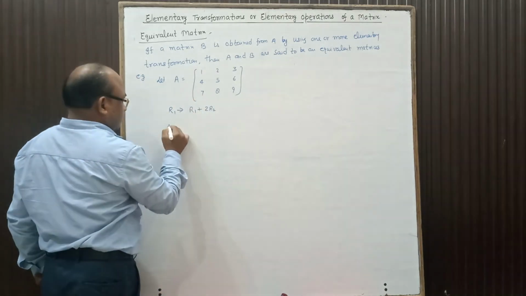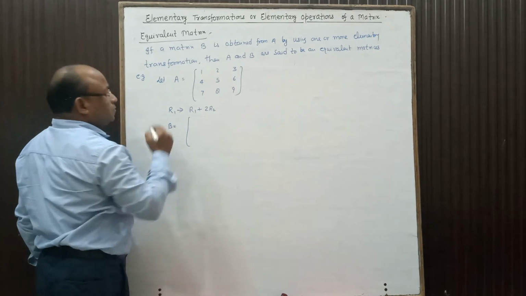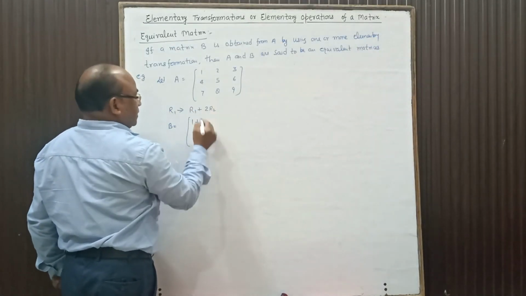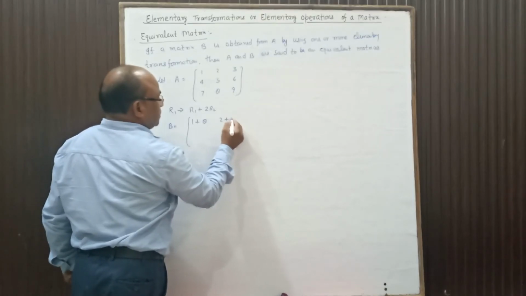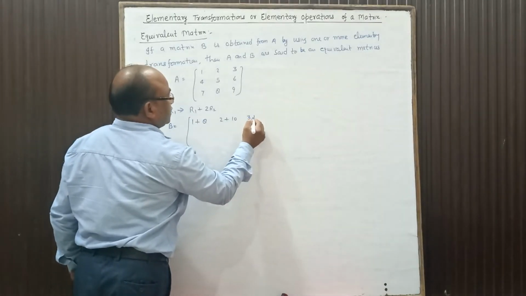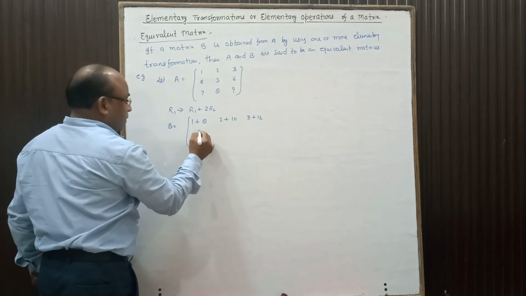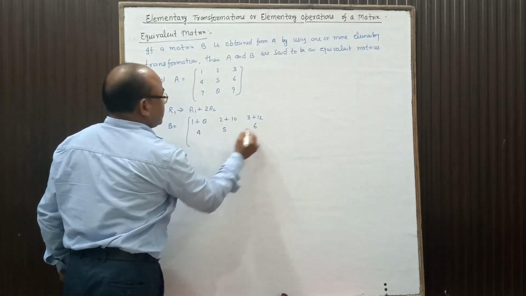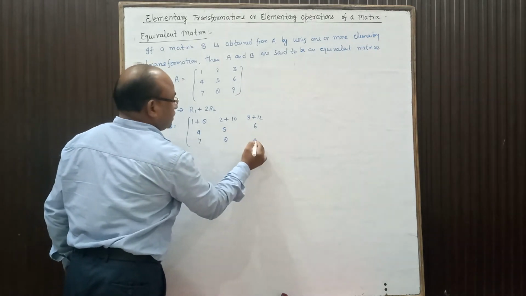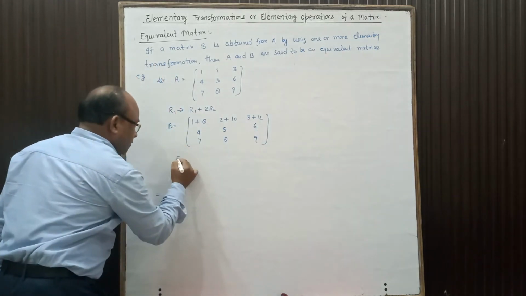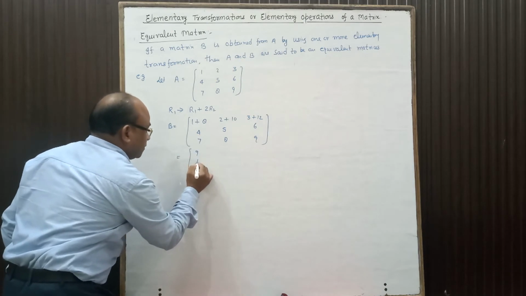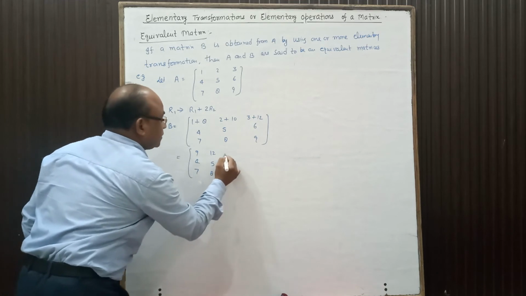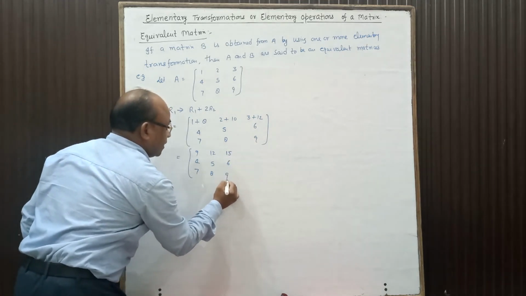That means B is equal to 1 plus 2 times 4, that is 9, 2 plus 10 and 3 plus 12. And the second and third rows remain the same, that is 4, 5, 6, 7, 8 and 9. So 9, 4, 7, 12, 5, 8, 15, 6 and 9.